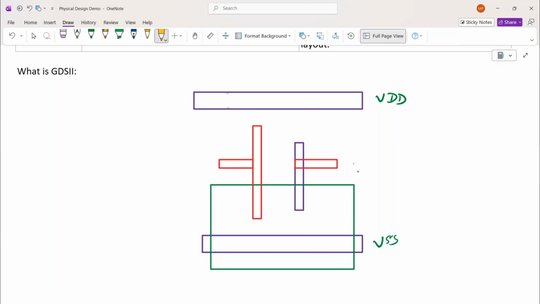There is a connection with VDD here like this. And here, as the connections, I'll create a connection in black color.